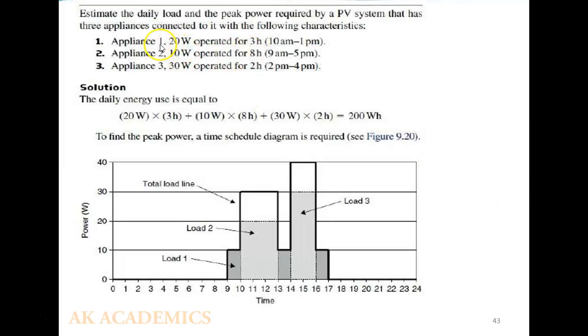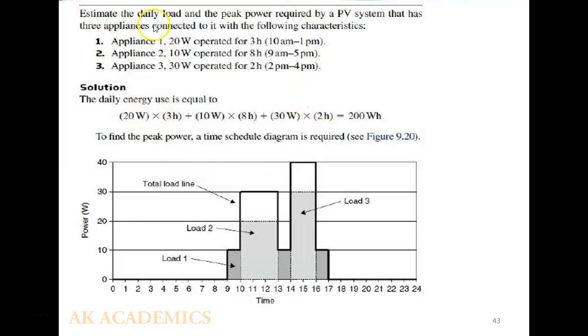The first appliance, appliance 1, has 20 watts and is operated for 3 hours between 10 a.m. and 1 p.m. The second appliance has 10 watts and it is operated for 8 hours from 9 a.m. to 5 p.m. Then the third appliance is rated 30 watts and is operated for 2 hours from 2 p.m. to 4 p.m. So you can see we have the power ratings of the appliances, we have the duration of use of the appliances, and then we also have the specific time that the appliances are used.